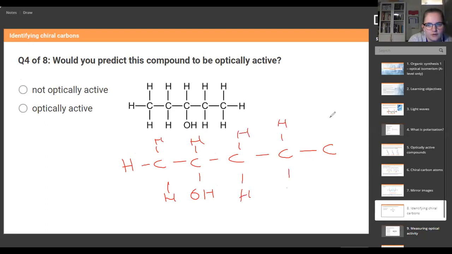Right, so I told you to ignore the answer to the other one. Bear with me, I didn't count properly. I thought it was only a 4 carbon compound. It's not a 4 carbon compound, it's a 5. So this one at the bottom is optically active, and I said it wasn't, and I apologise straight away now, hadn't counted my carbons. So we've got 1, 2, 3, 4, 5 carbons.